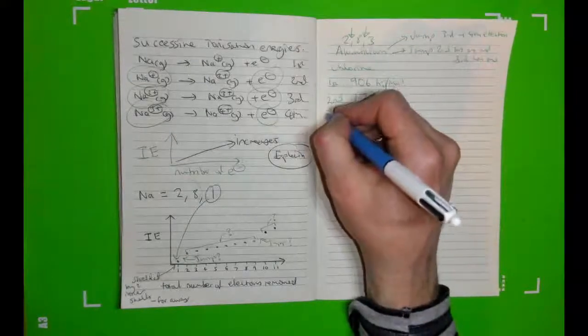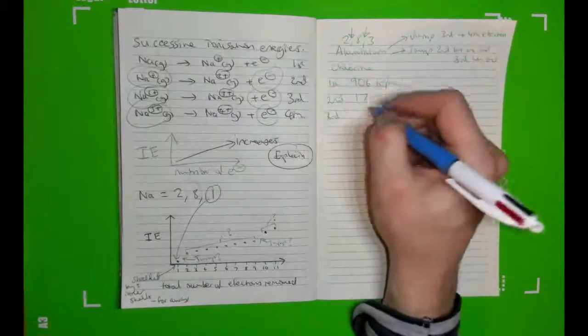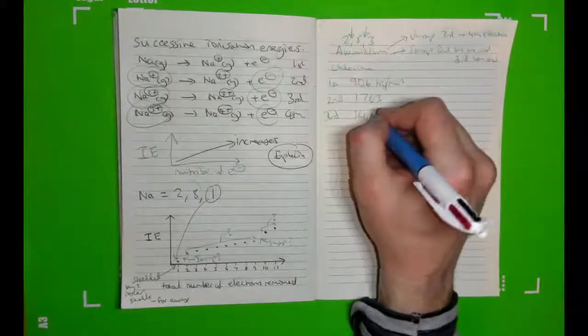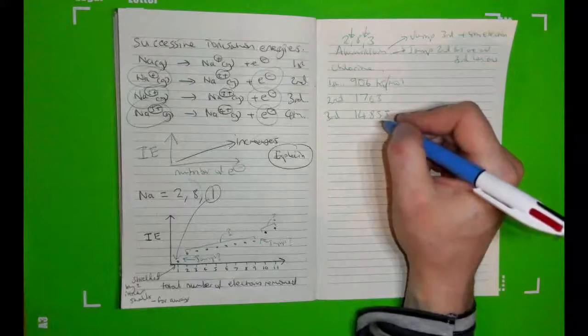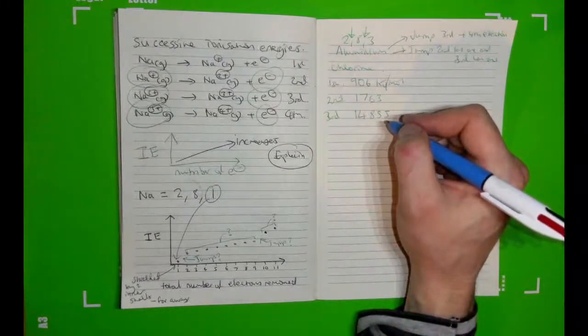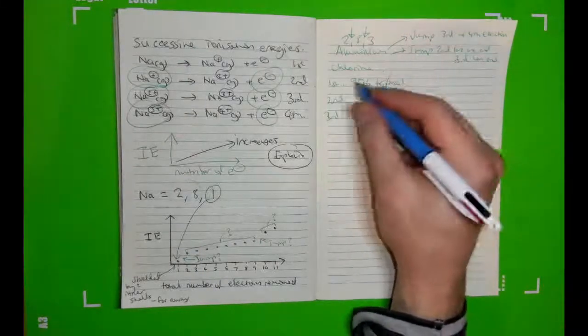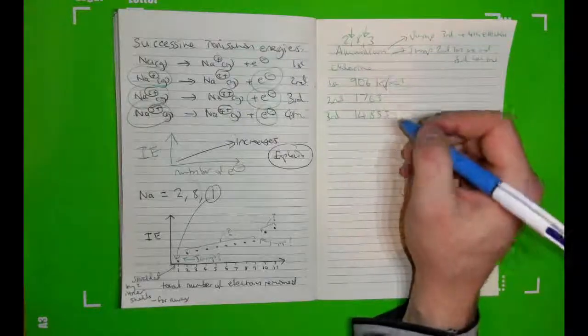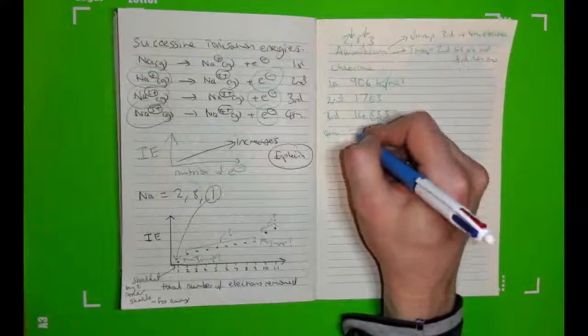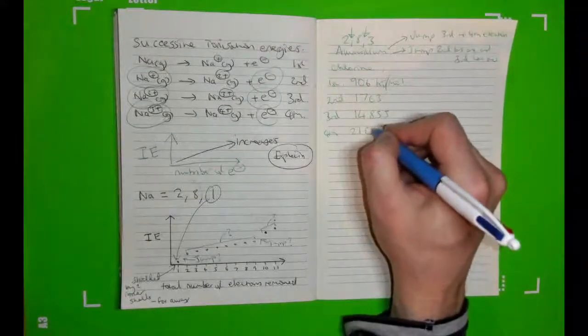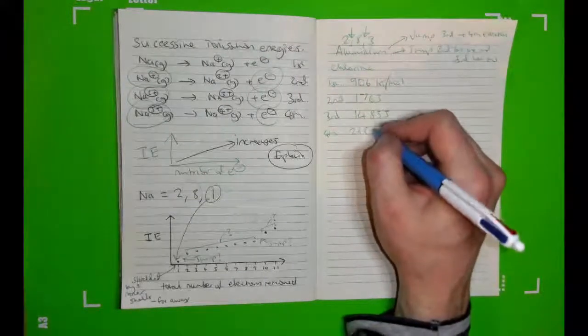The third is 14,855. Beg your pardon, this is not chlorine. And the fourth one, you should be able to see what group it's in though, is 21,000.